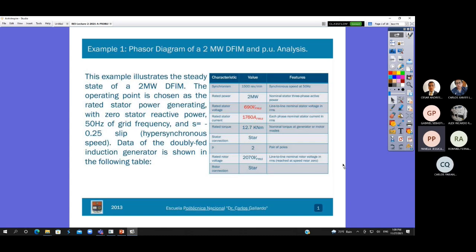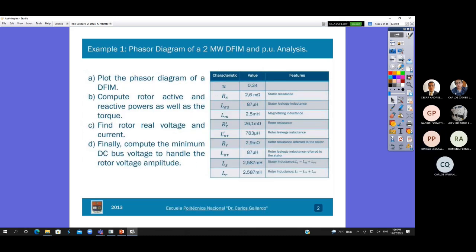Data of the doubly fed induction generator is shown in the following table. Letter A, plot the phasor diagram of a doubly fed induction machine. Letter B, compute rotor active and reactive powers as well as the torque. Letter C, find rotor real voltage and current. Letter D, finally compute the minimum DC bus voltage to handle the rotor voltage amplitude.